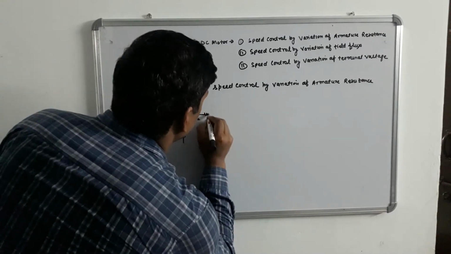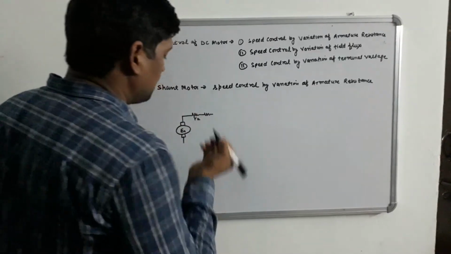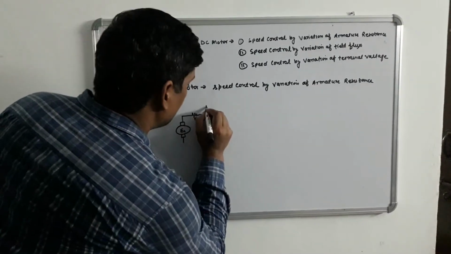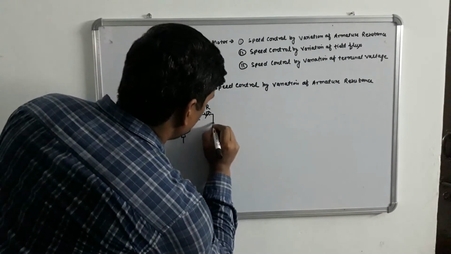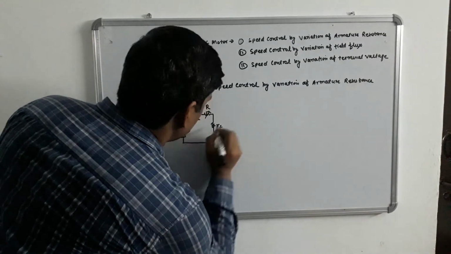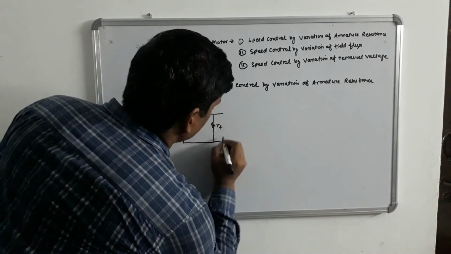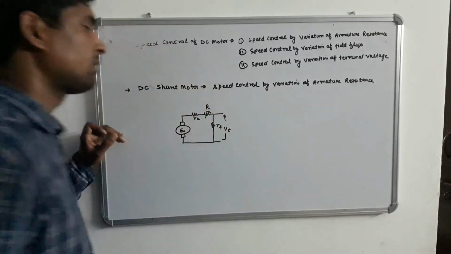An external variable resistance is taken, assumed to be R. Here RF is the field resistance, and terminal voltage VT is applied here.